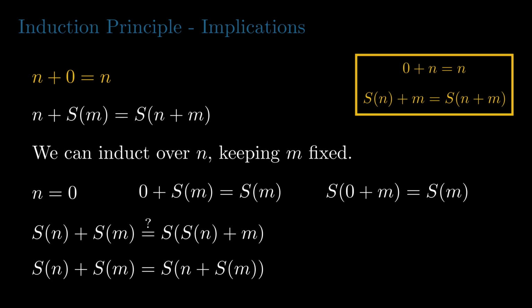Now, we are assuming the property true for a generic m and n, so we can rewrite the internal part of the expression obtaining S of S of (m plus n). The other side, S of (n plus m), can be written using again the second property of addition as S of (S of n plus m). The two terms of the equation are equal, so n plus S of m equals S of (n plus m) is always true by the induction principle.